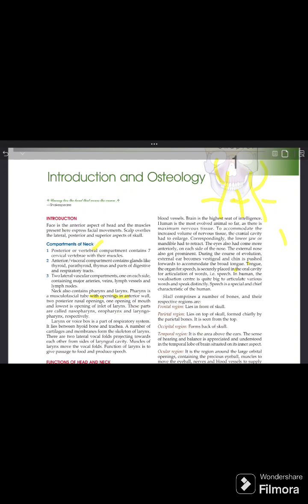These parts are called nasopharynx, oropharynx, and laryngopharynx. The pharynx is divided into different parts according to its position. Assume this is the nose and this is the pharynx. The part near the nose is the nasopharynx, near the mouth is the oropharynx, and near the larynx is the laryngopharynx.